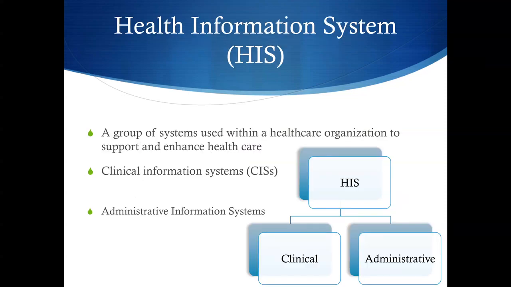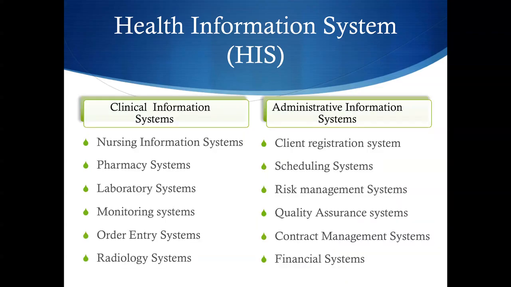Health information system is a group of systems used within a healthcare organization to support and enhance healthcare. There are two types of information systems: clinical, and the administrative. Here on the left, we have some example of clinical information systems, which is the data management system that provides tools to enter data, access information, document, and evaluate care.